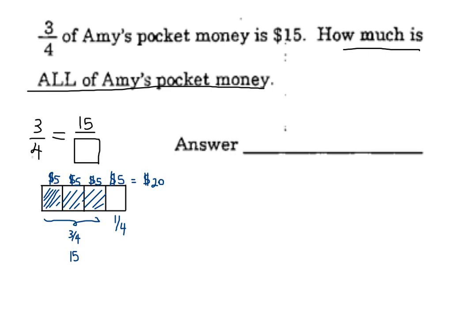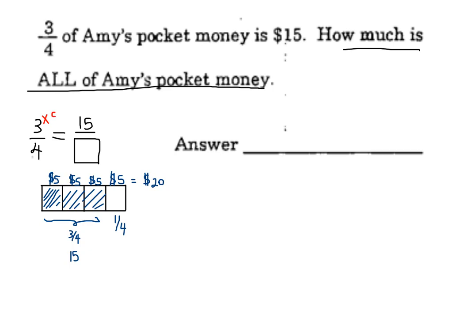So we could do this. Whenever we have equivalent fractions, we have to figure out what number we multiply the numerator and denominator by. What number would you multiply 3 by to get 15? 5.